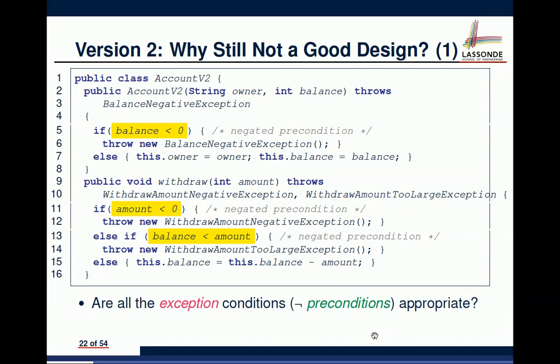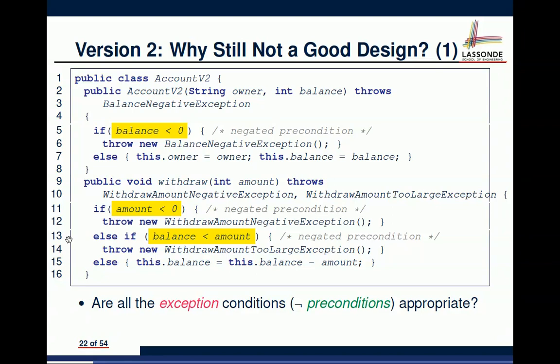Now, why is this still not a good design? Have a look at this code over here. Now I want you to revisit line 13. Anything wrong with that, or you think that's okay? Go ahead. You think that should be less than or equal to?